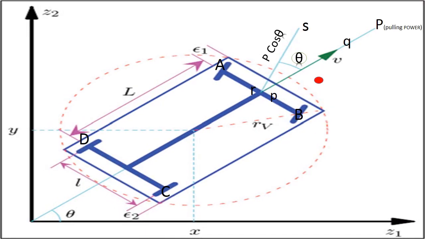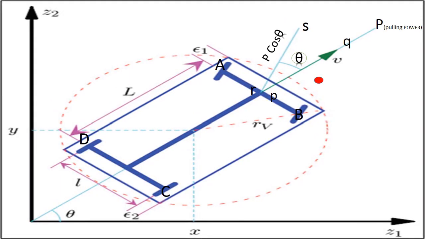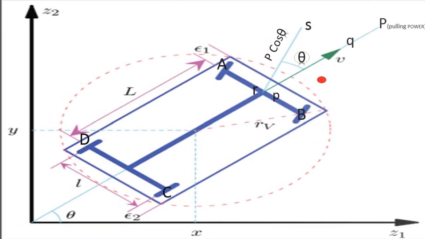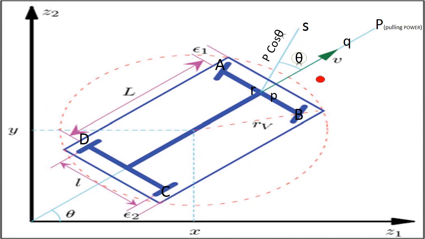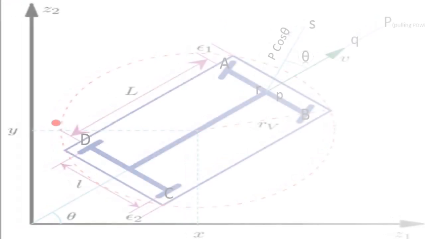The angle between the front and rear wheel directions of the vehicle's turning is theta. The tractive force of the vehicle, its pulling power, is capital P. The length of the vehicle is capital L and the width of the vehicle is small l.